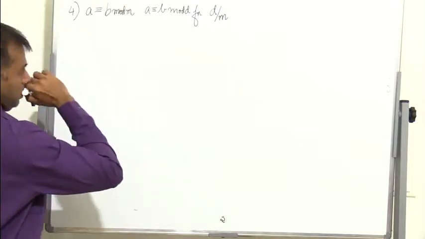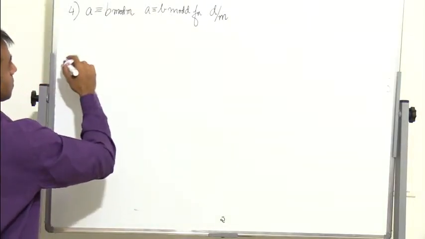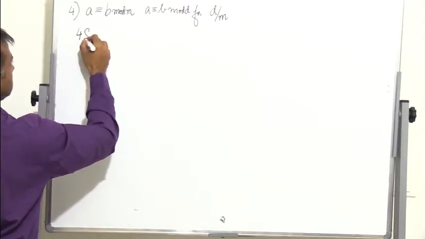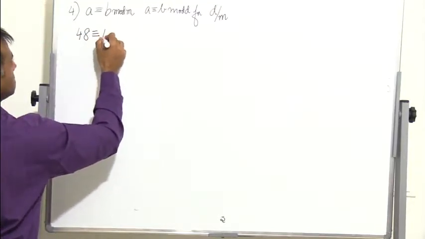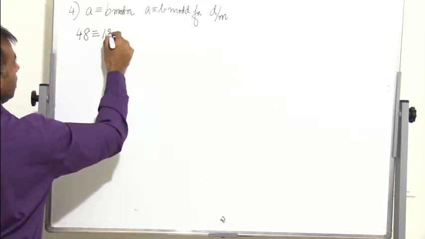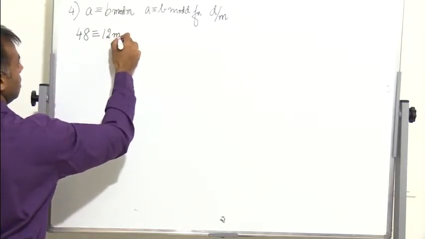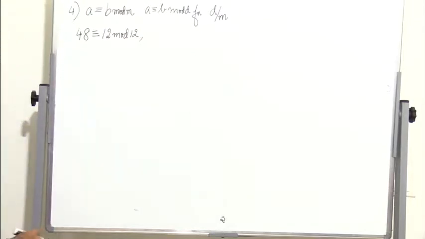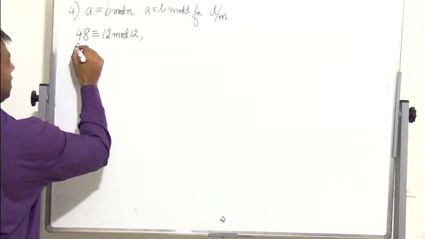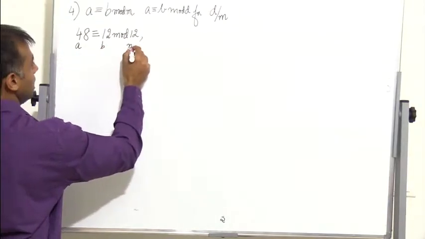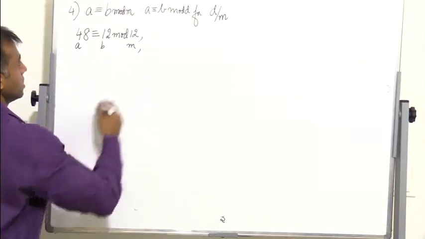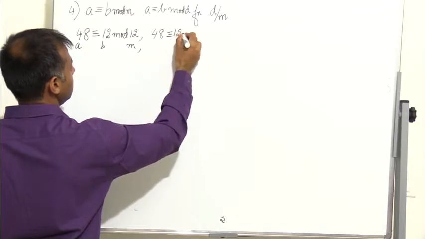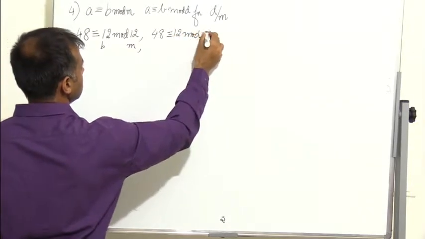So let's take an example. So we know that 48 is definitely congruent to 12 mod 12. So this is A, this is B, and this is M. So 48 is also congruent to 12 mod 3.